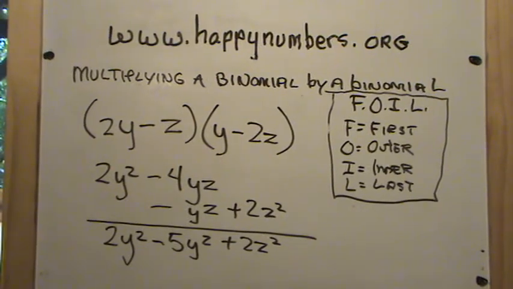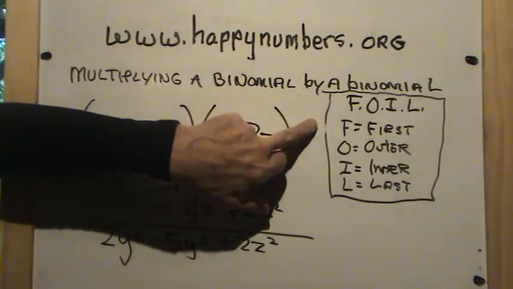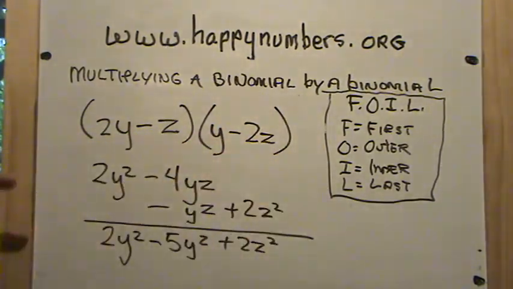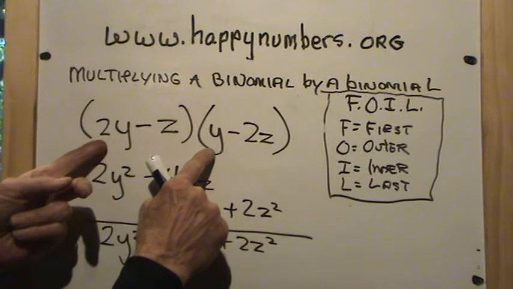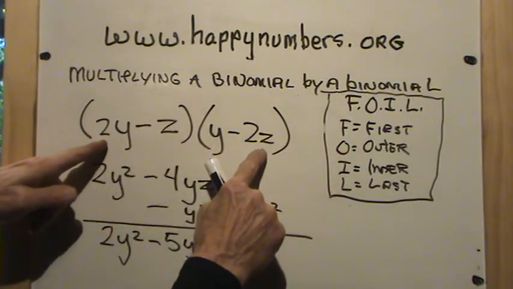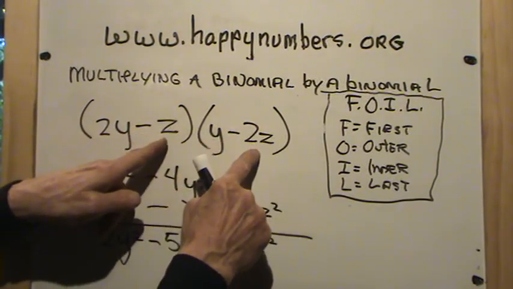So that is the second method of multiplying a binomial by a binomial, called the FOIL method. First, outer, inner, last. These two are the first terms. These two are the outermost terms. These two are the innermost terms. And these two are the last term in each binomial.